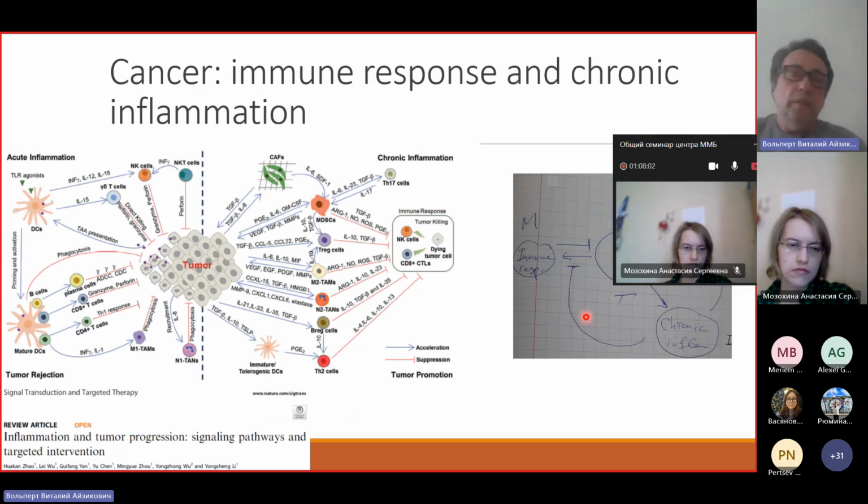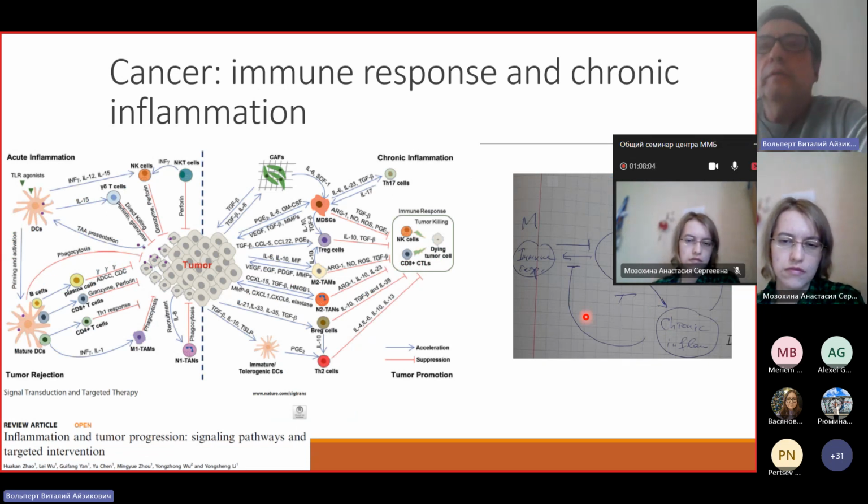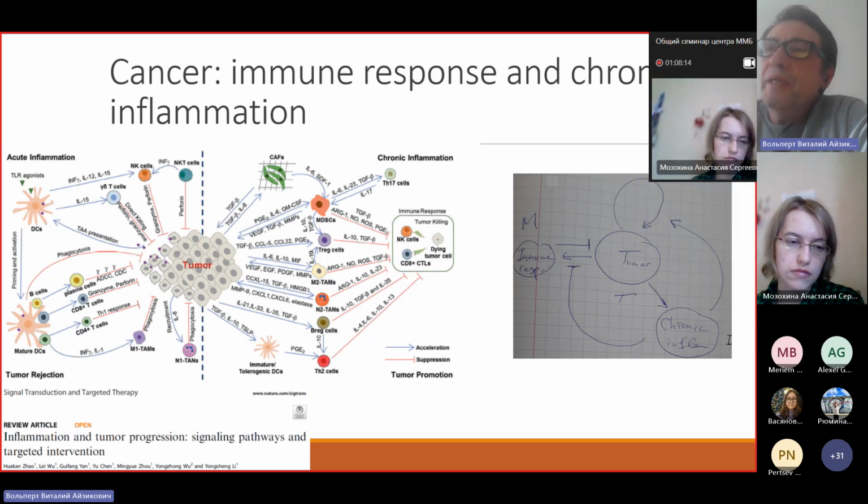Of course, cancer, and this is what we are discussing now with some other people. We found this paper with this beautiful scheme. Of course, we cannot discuss it now in detail. But the idea is that there is a vertical line here, and to the left is acute inflammation, to the right is chronic inflammation.